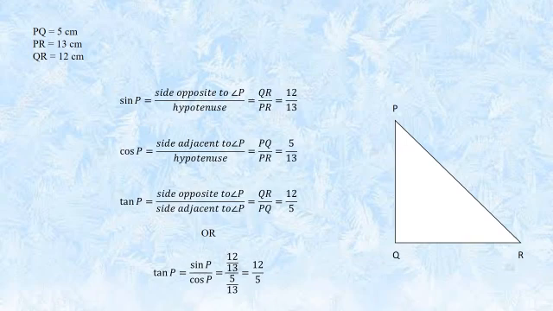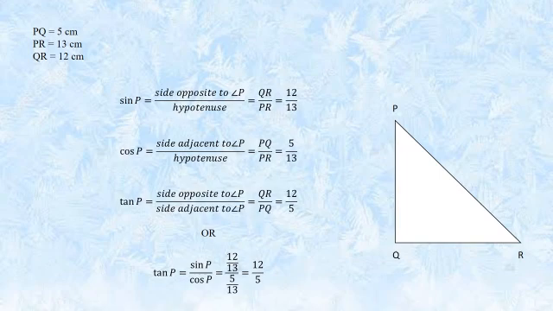Tan P is side opposite to angle P by side adjacent to angle P, which is QR by PQ, 12 by 5. Now, we know another formula for tan P, which is sin P by cos P. Sin P value is 12 by 13, cos P value is 5 by 13.